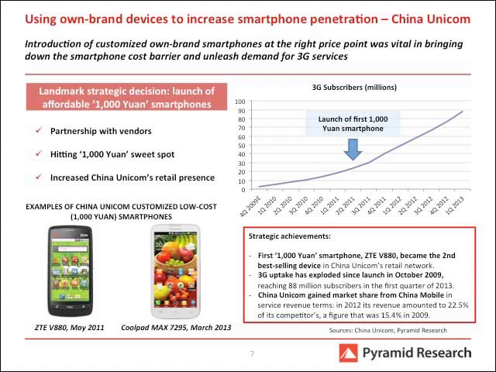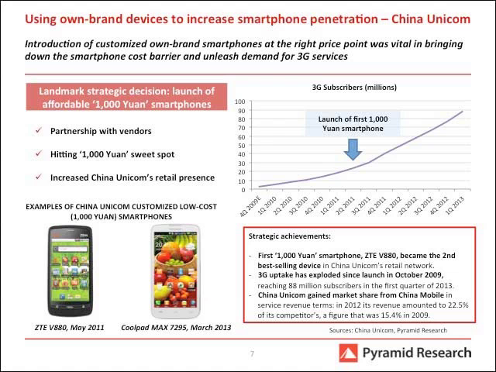It was launched with ZTE at the time. However, China Unicom extended their network of vendor partners to Huawei, Lenovo, Coolpad, etc., and also foreign vendors such as Motorola and Samsung.